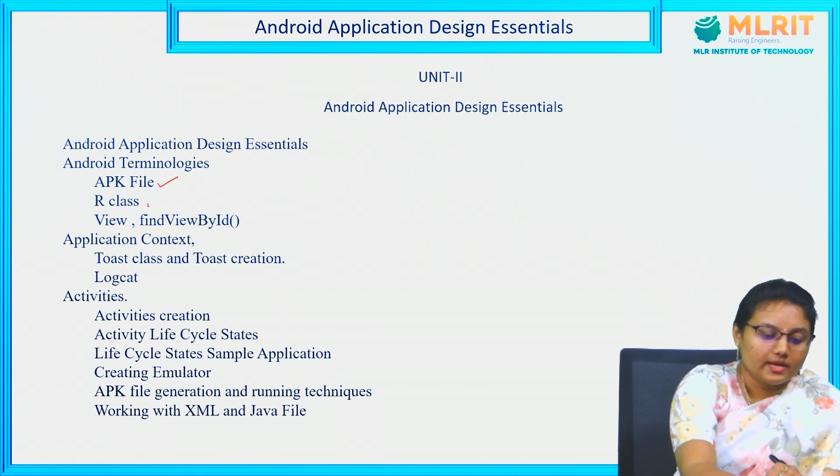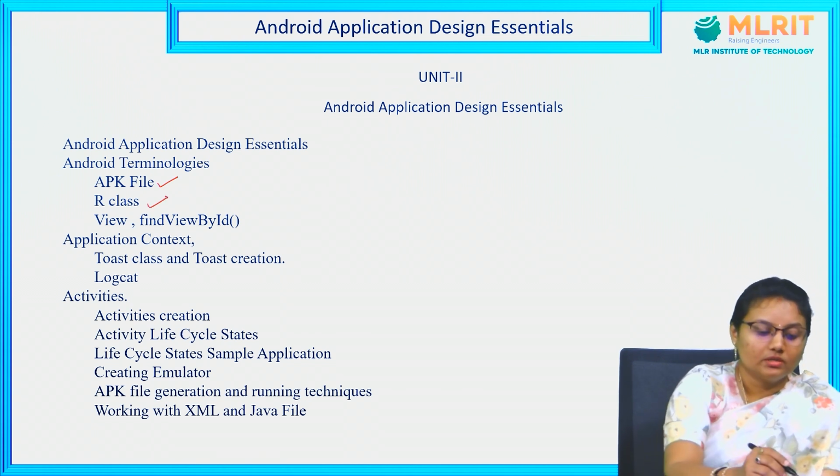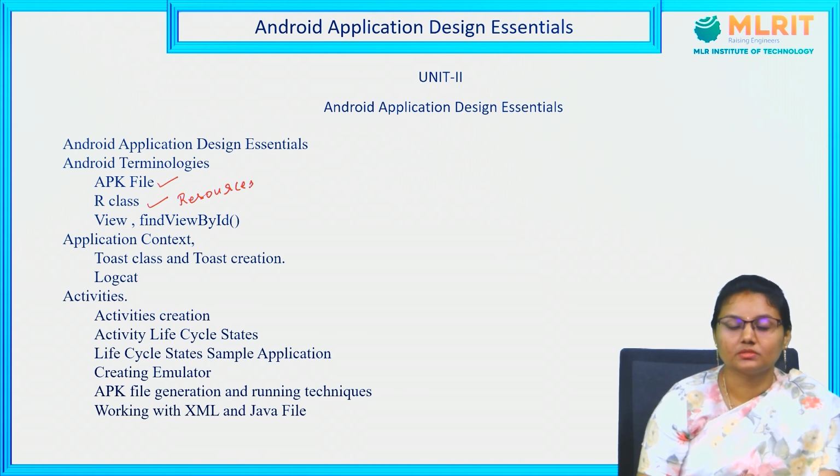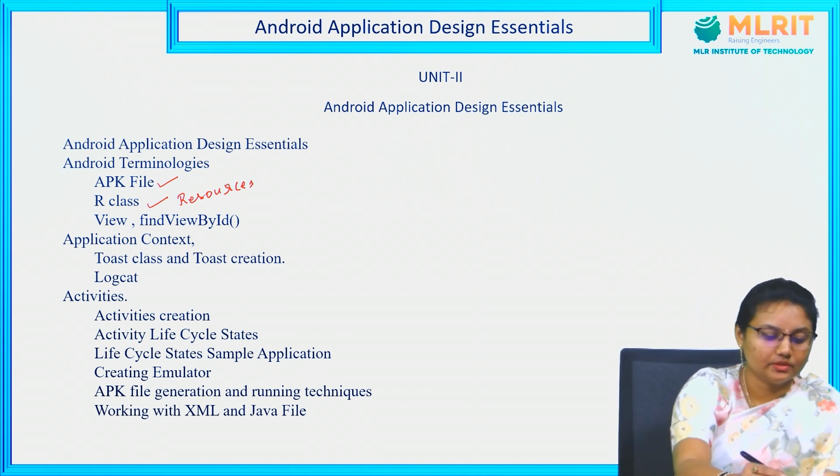And the R class: what is the use of the R class? R is a resource class that accesses the resources. As we know, the resources are drawables, values, maps and layouts. All those four we have to extract from the XML to our Java, and for that we need the R class that we are going to discuss.